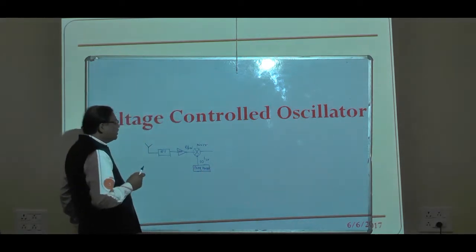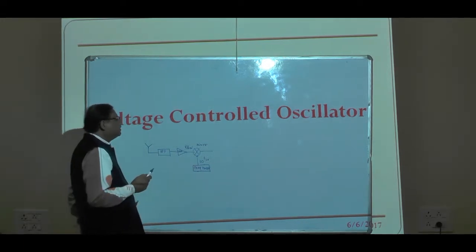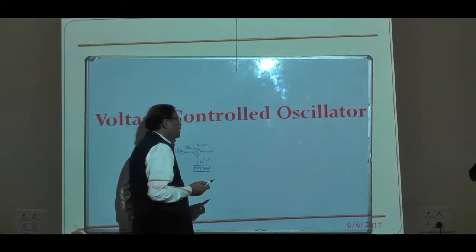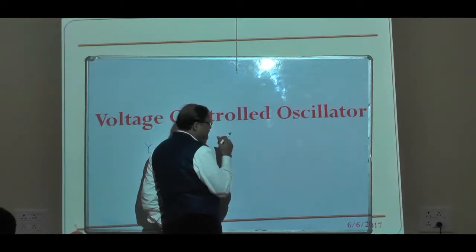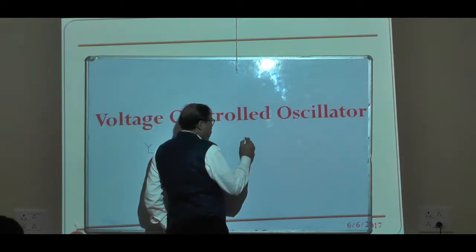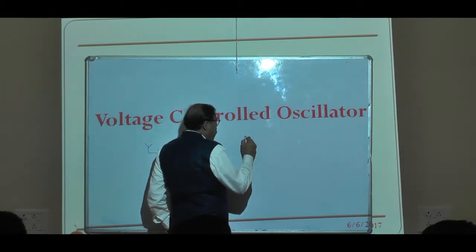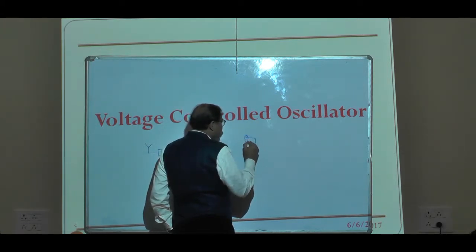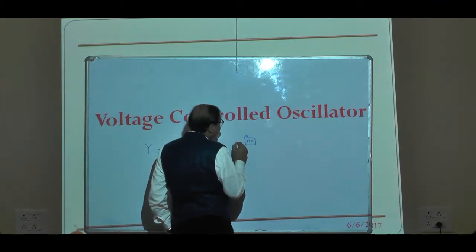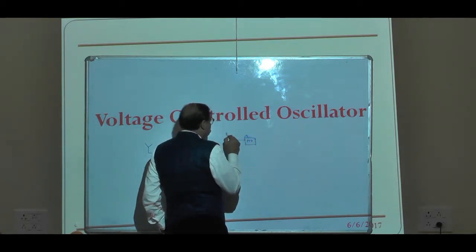And the major building block of any frequency synthesizer, if you look at the building block, suppose you have a PFD, or you can just plot it there. Phase frequency detector. Then this is the reference clock.